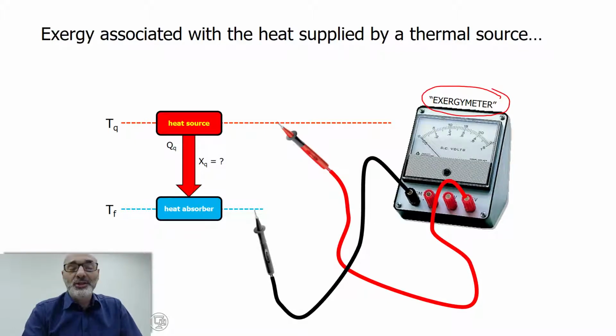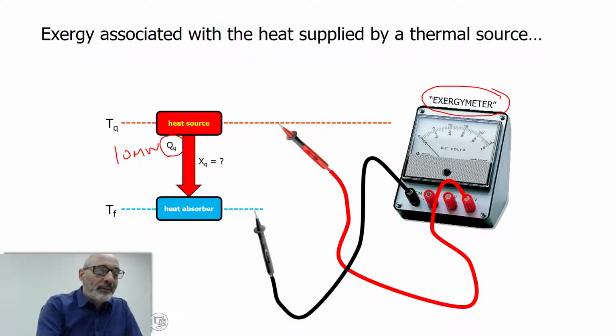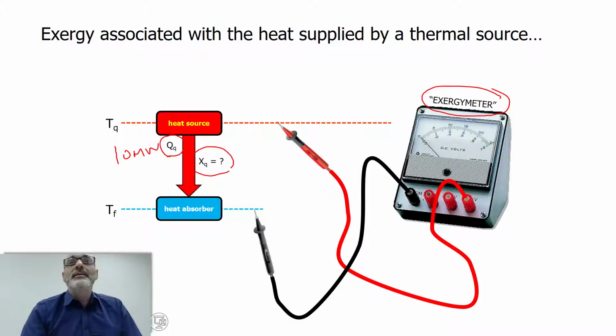How can we gauge the amount of energy, the amount of exergy, for instance, contained in a flow of heat, as I'm showing here? So we have a heat source, we have a heat absorber, and let's say I have 10 megawatts of heat flowing from the high temperature reservoir to the lower temperature reservoir. How much of these 10 megawatts corresponds to exergy or electricity? 8 megawatts, 6 megawatts?